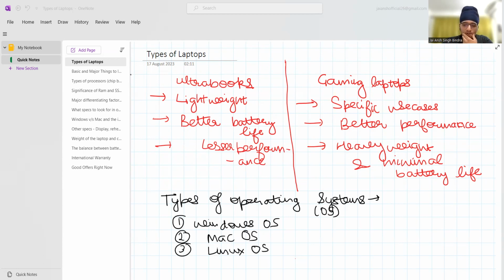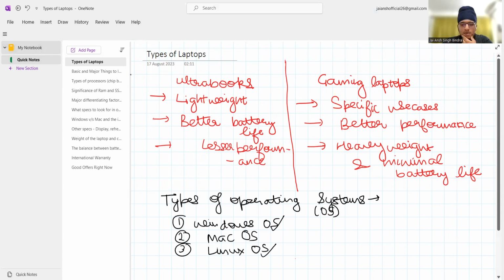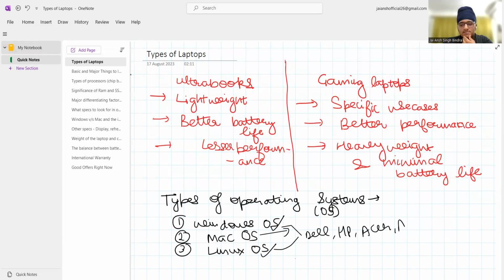Now I'm going to briefly talk about the types of operating systems. Basically, every laptop in this world other than the Apple laptops, that is the Macs, runs on either the Windows operating system or the Linux operating system. Macintosh has its own operating system called macOS. Windows and Linux run on all sorts of other PCs like Dell, HP, Acer, Asus, or any other brand you can name.